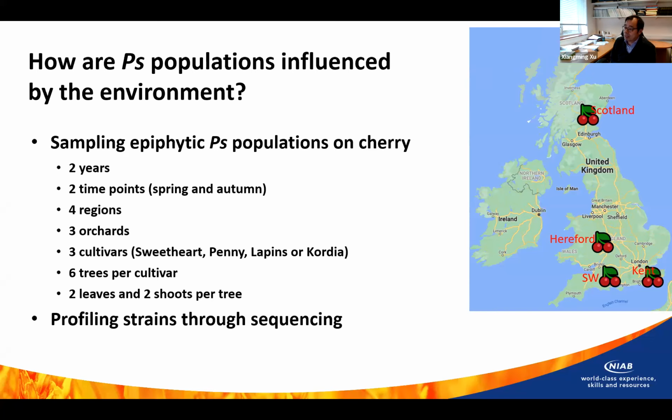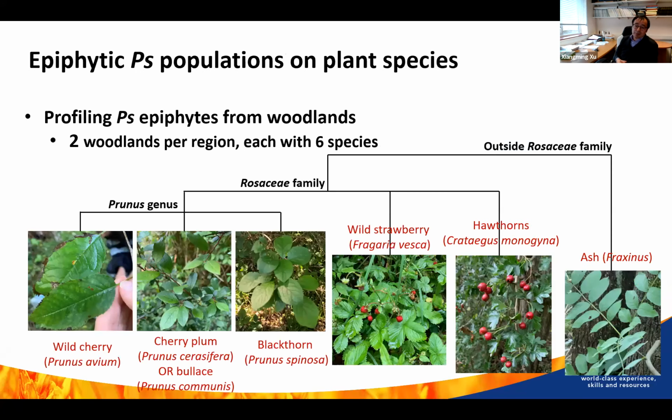Then we sample the PS from the leaf surface, and then we use sequencing technology to understand population dynamics. Similarly, we sample in each region, in several sites. We sample the leaf surface from 5 or 6 different related species in the woodland, and try to quantify the PS level on these hosts.